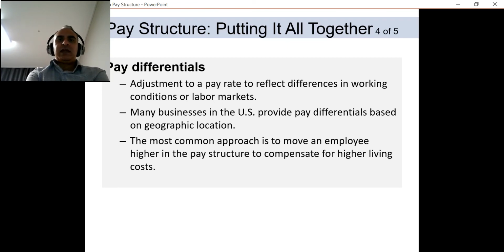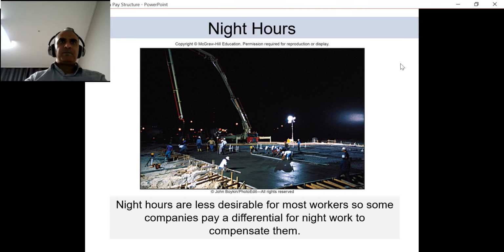But on the other hand, the employee has to go through relocation. He has to bear with the many problems of relocating. So we have pay differentials, which means because of the hassle that you're going to go through in that country, that there's not the same services as in Korea, that you don't have your family, etc., we're going to pay you more. So differentials are based on adjusting the pay rate if there's any difference in working conditions.